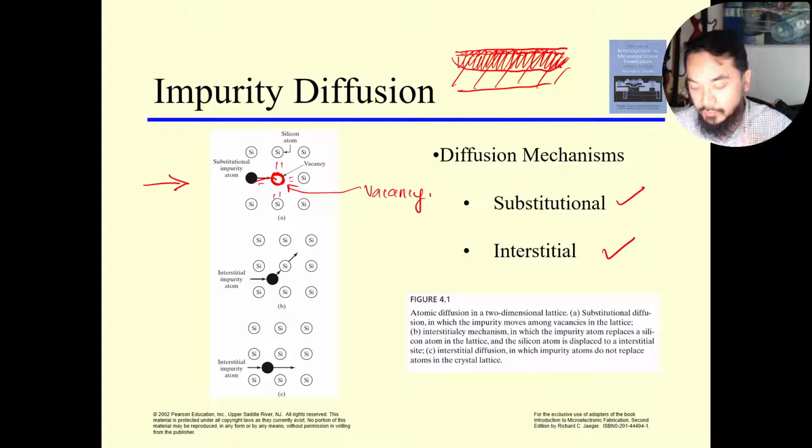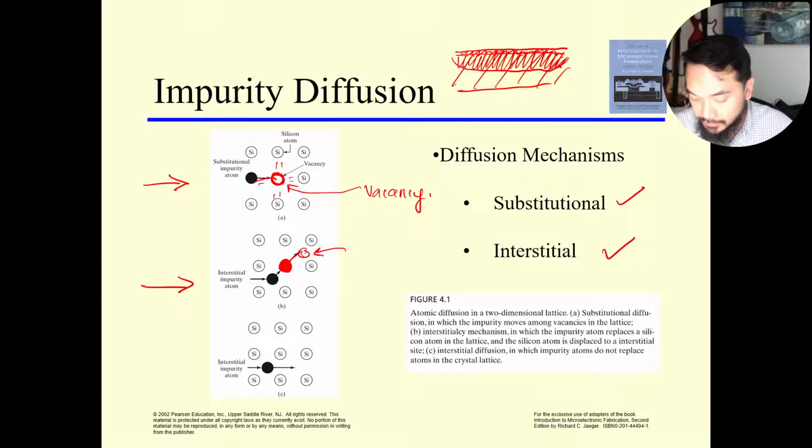So you have substitution by vacancy, and then you can have another type of substitution whereby an impurity atom pushes away an existing silicon atom which resides in the lattice point. The impurity atom will push the silicon atom out from this lattice point, and the silicon atom will reside in an interstitial position, and then this impurity atom will be substituted into the lattice point.